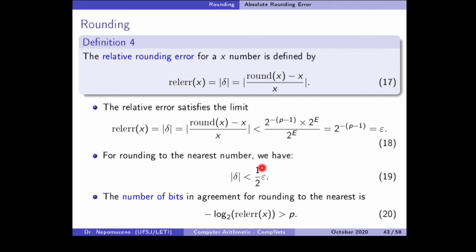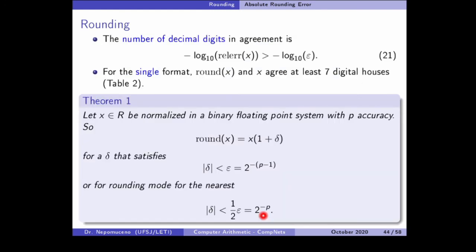The number of bits in agreement for rounding to nearest is log 2 of the relative error, so it's greater than p. This is quite important, and this is the unique theorem of the book, regarding the number of decimal digits. For the single format, round(x) and x agree in at least 7 decimal digits.